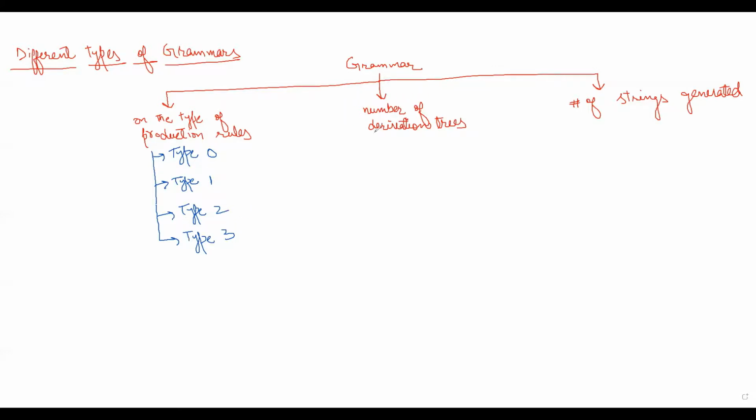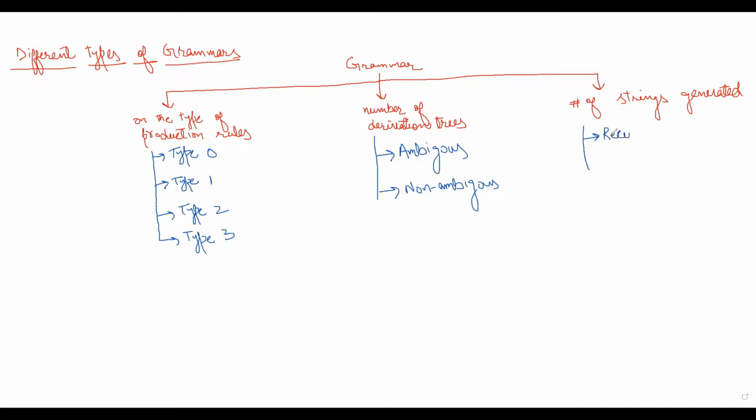On the basis of number of derivation trees, the grammars are divided into the following 2 types. One is called ambiguous grammar. Another is called non-ambiguous grammar. Okay. And on the basis of number of strings generated by a grammar, the grammars are divided into the following 2 types.